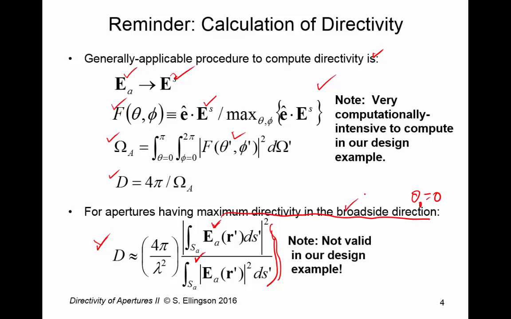This simplified form, or the somewhat more attractive form, turns out not to be valid in our design example. Why? Because the beam pointing direction is not broadside. So one of the things we'd like to do here is extend this kind of result to the more general case where we have an aperture and we'd like to integrate over the aperture, but perhaps the beam isn't pointing directly broadside.